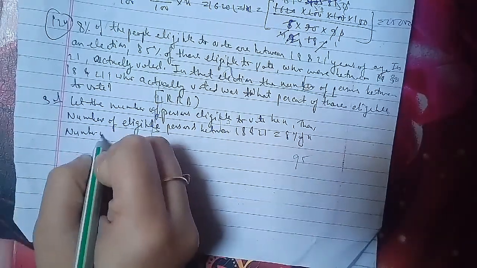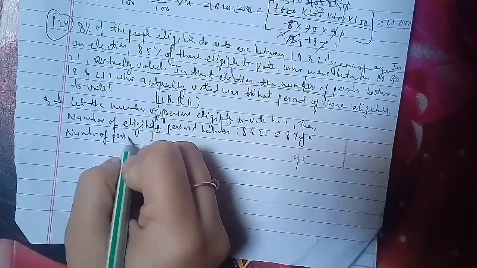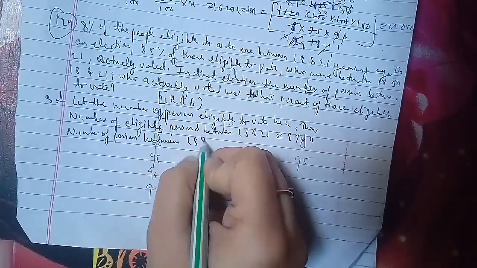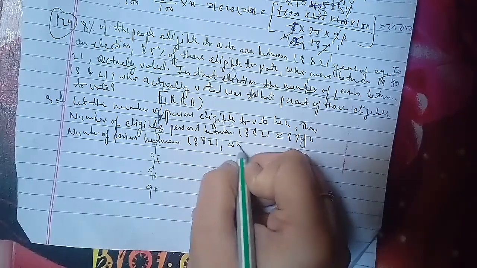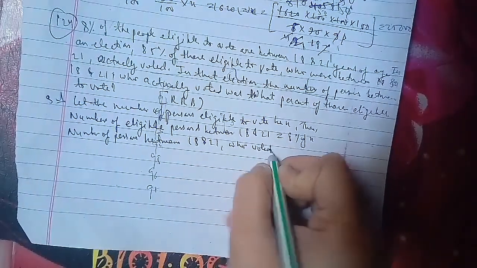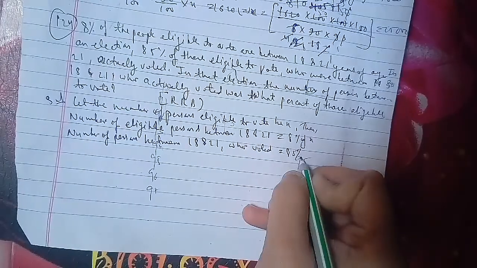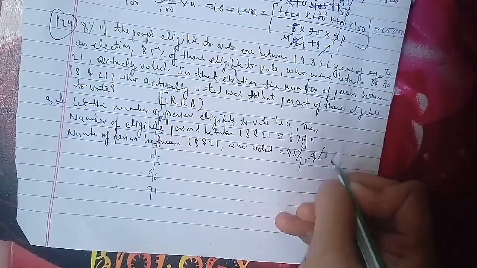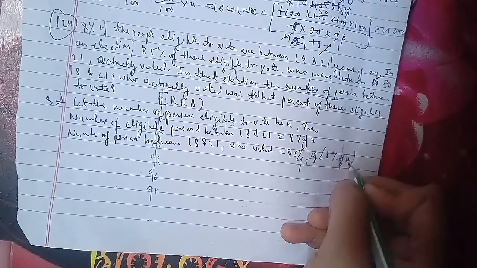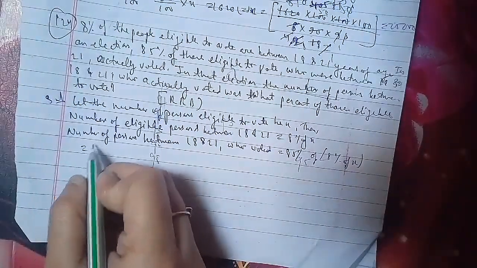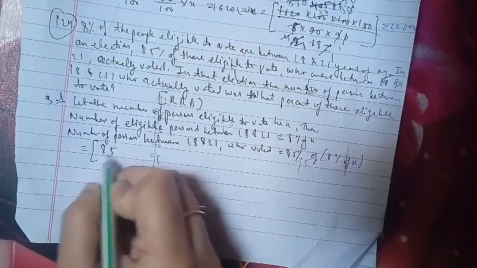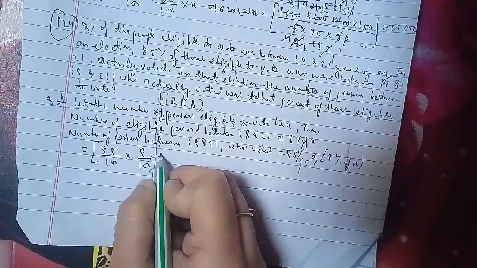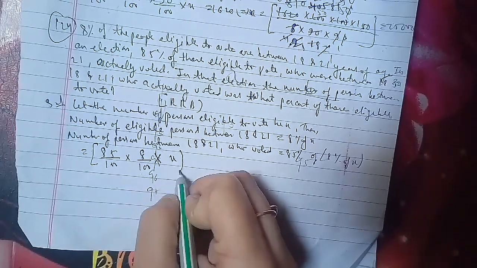The number of persons between 18 and 21 who voted equals 85% of 8% of x, which equals 85 upon 100 into 8 upon 100 into x.